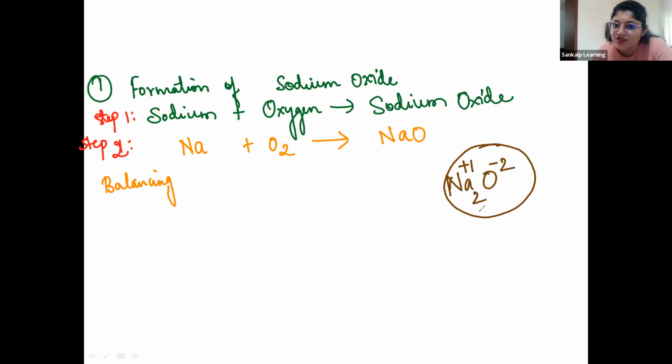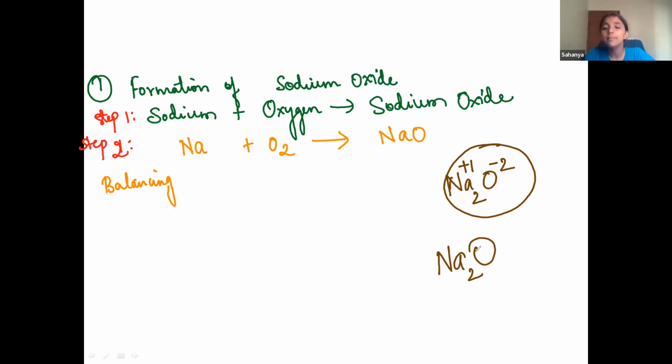So if I put Na2O, is it balanced? Here oxygen is -2, and over here sodium is +1. The overall charge should be 0.